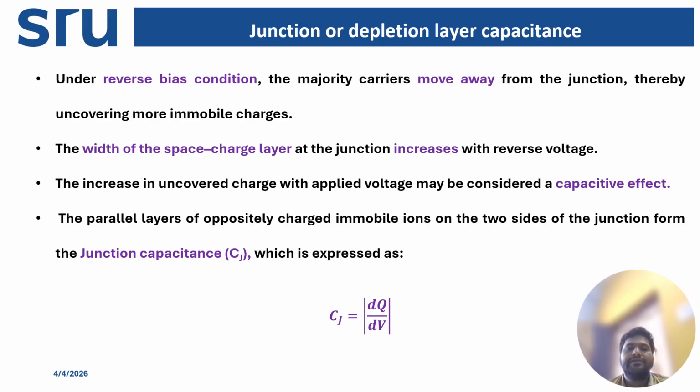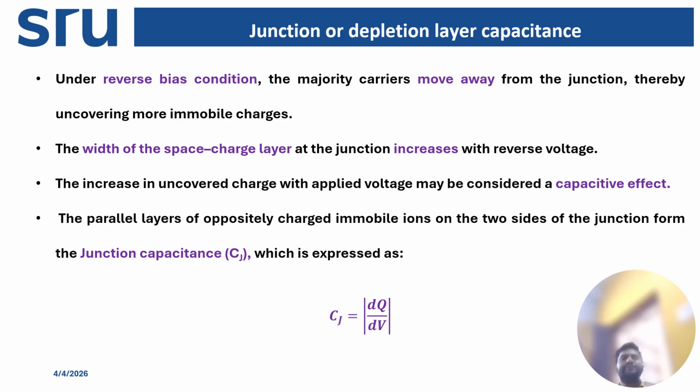Cj is equal to epsilon, the permittivity, times area, divided by the width. So the capacitance is inversely proportional to the depletion width. As reverse voltage increases, width increases and Cj decreases, so the junction capacitance decreases with increasing reverse voltage.